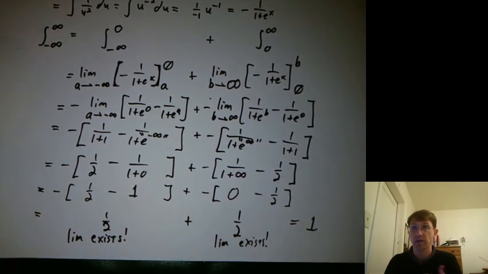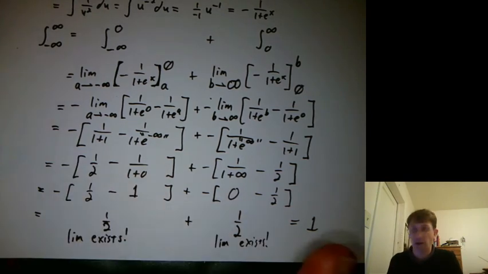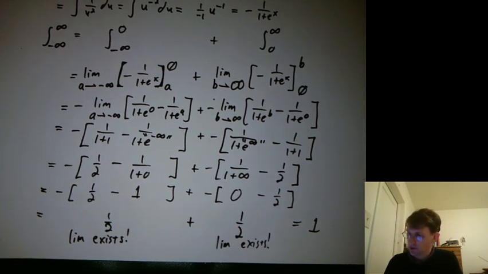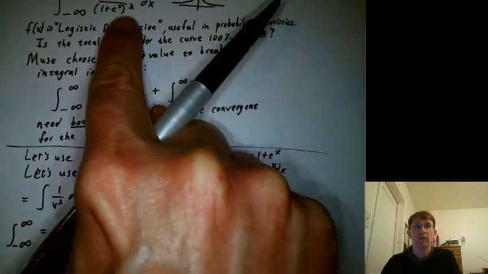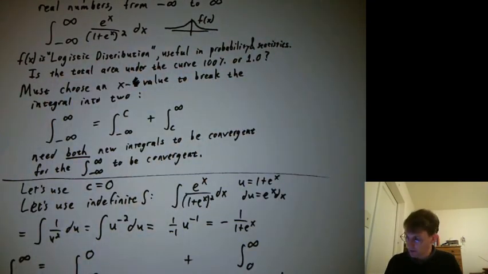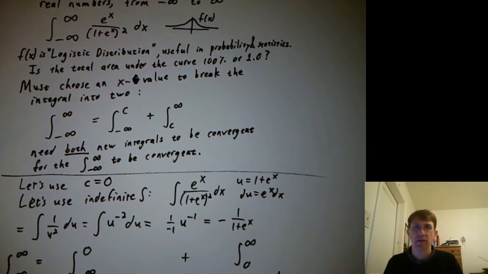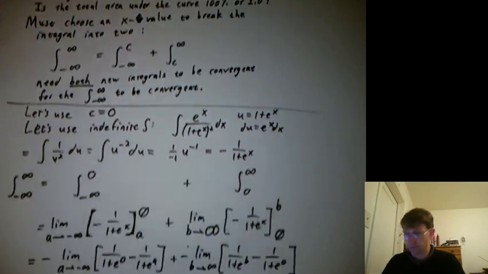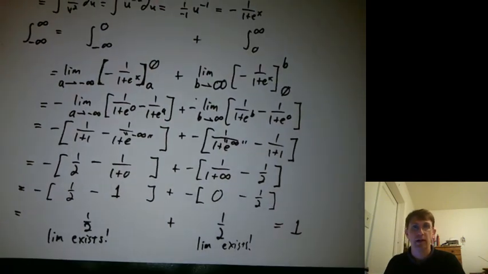And we were wondering, is this total area under the curve 100% or not? And it is apparently 100% or 1.0. So everything worked out nicely here, which is good news because that integral is one that we really want to have working in some parts of statistics. So the next video we'll do something and we'll see if everything works out there.